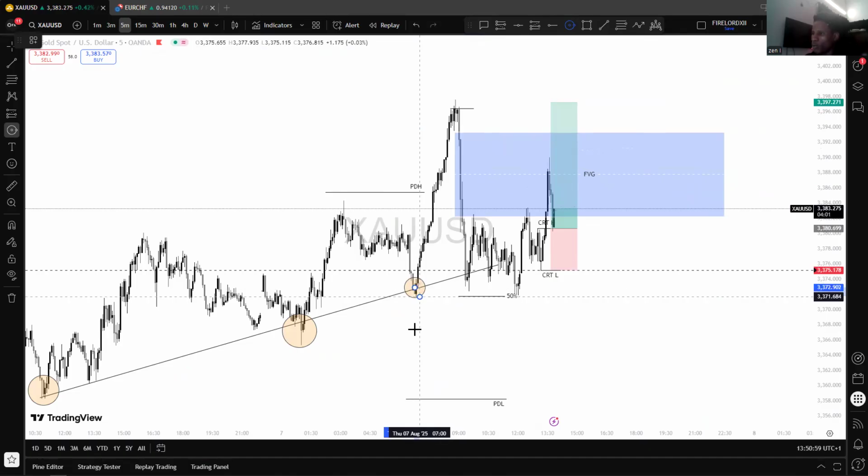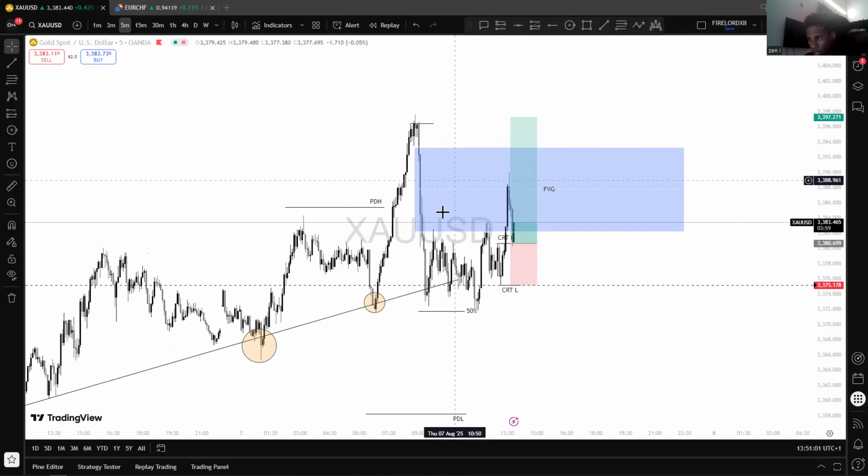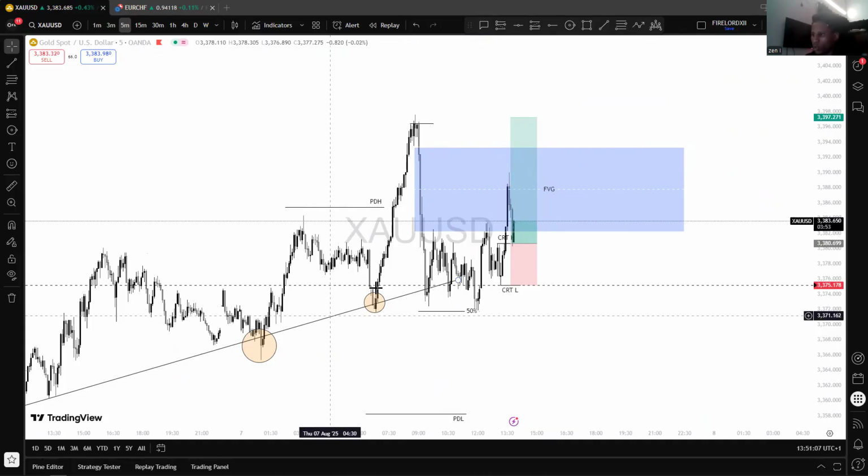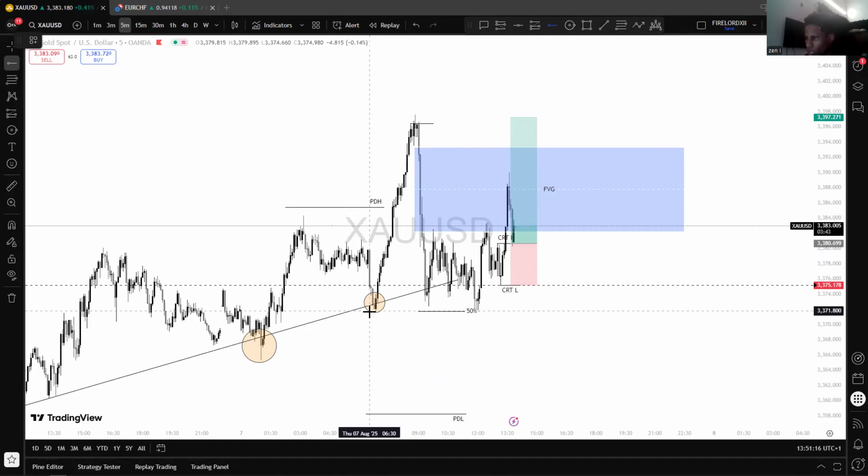But anything can happen because there's a fair value gap already here. And we can see price reacted from the fair value gap. So price did not close below any of those lows. You see this low, for instance, price didn't close below it. So we didn't get a change in trend.